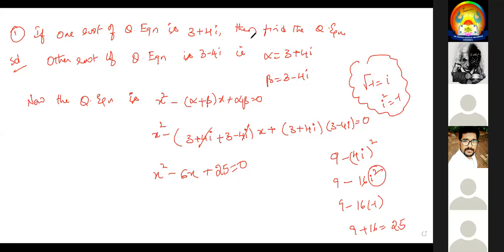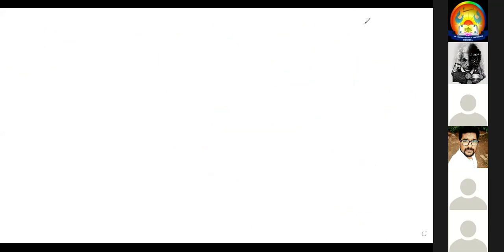I'm explaining again. The question is, if one root of a quadratic equation is 3 plus 4i, find the quadratic equation.